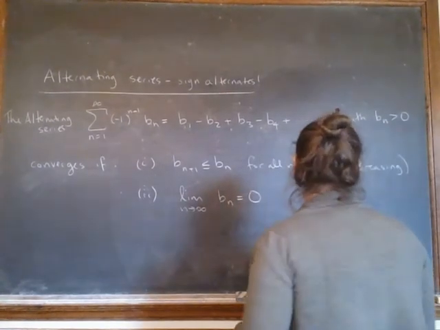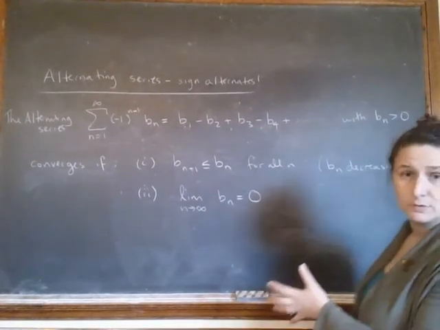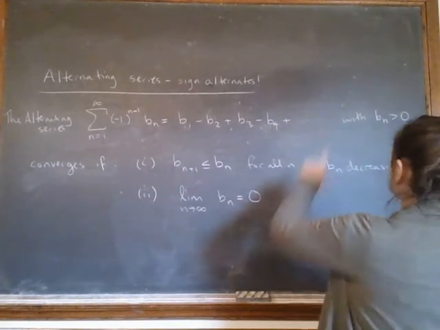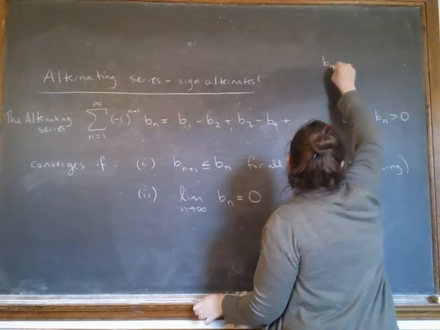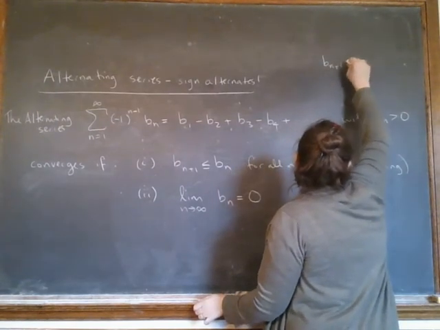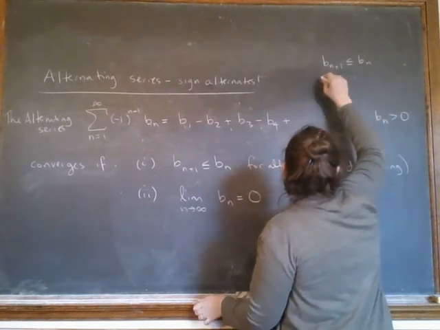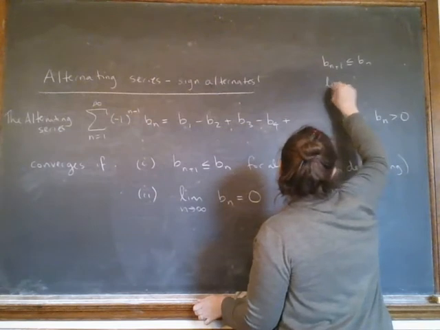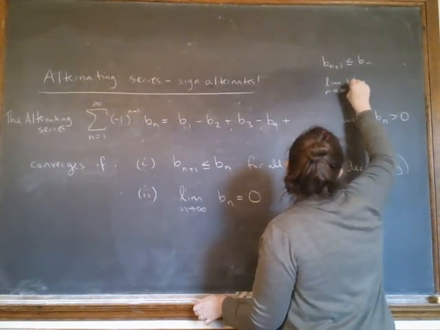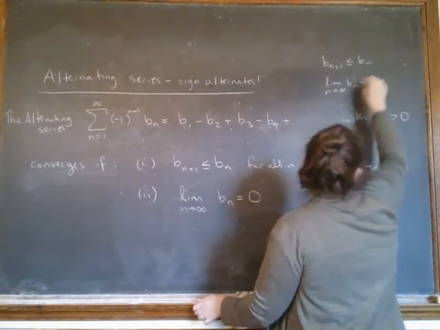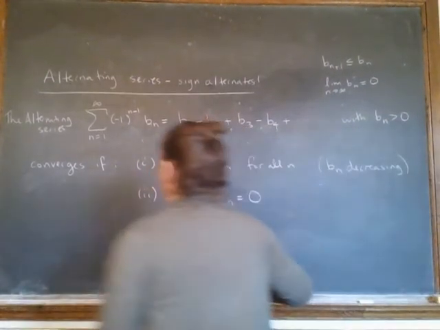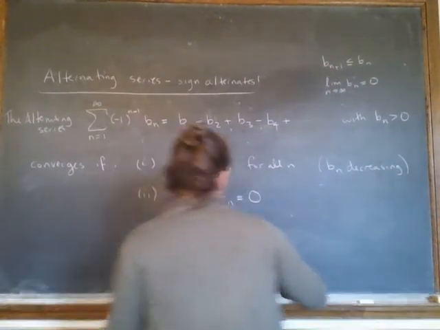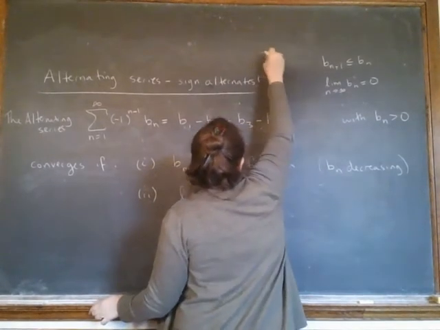What I'm going to do is do a couple examples, but I'm going to write it up here so we don't lose it. Just this, b_(n+1) less than or equal to b_n, and limit goes to 0. Okay, that's what we're going to check. And I'm going to write what this series is.